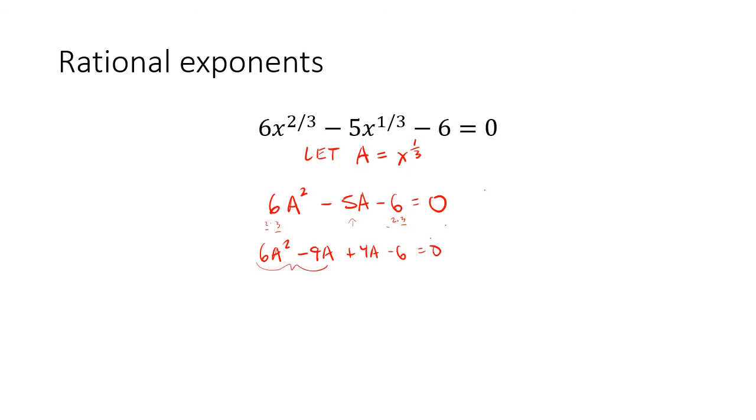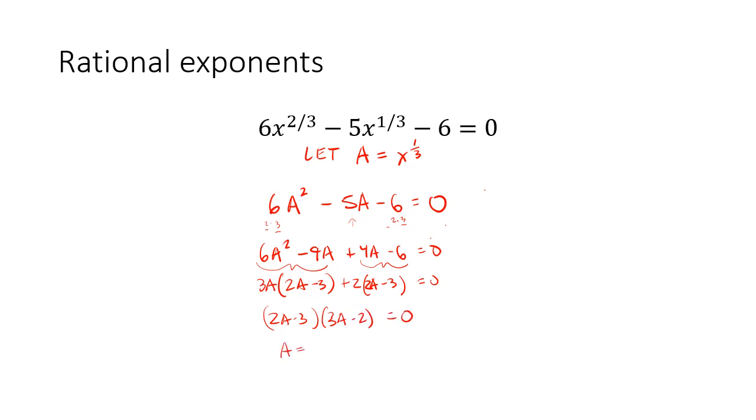Looking at these two things, 3a can come out, and we're left with 2a minus 3. Looking at these two things, a 2 can come out, so plus 2, and we're left with a minus 3. Okay, 2a minus 3 is in common between these two terms, so 2a minus 3 times 3a minus 2 equals 0.